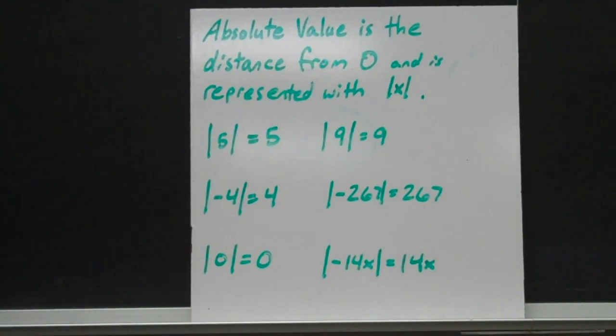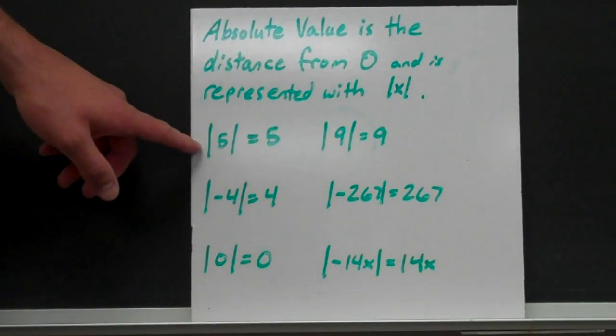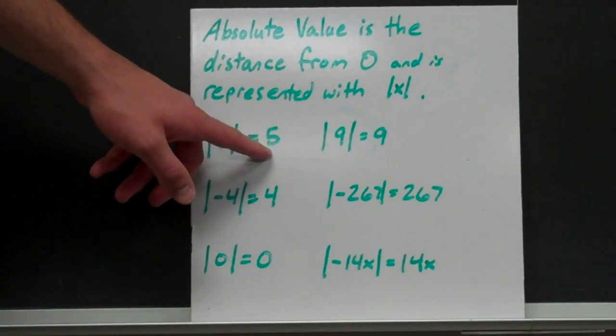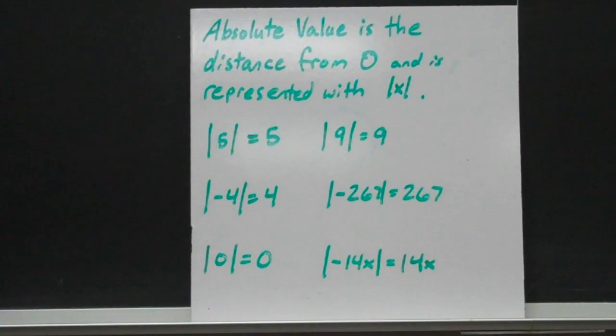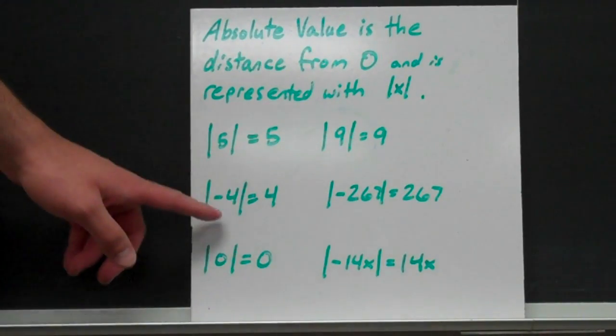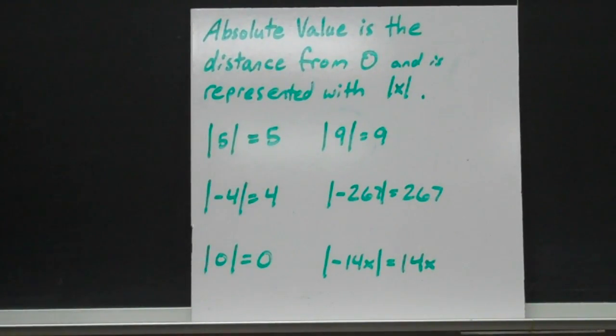Just as you don't say you traveled negative 12 miles to somebody's house, your distance is always going to be positive. So some examples here. The absolute value of 5 is 5. The absolute value of 9 is 9. Okay? 9 is 9 units away from 0. The absolute value of negative 4 is positive 4.